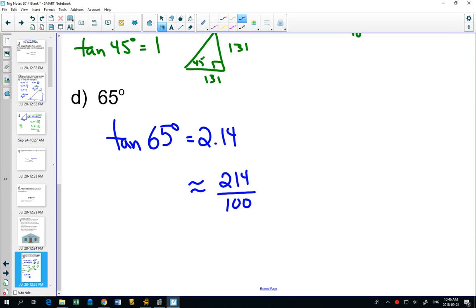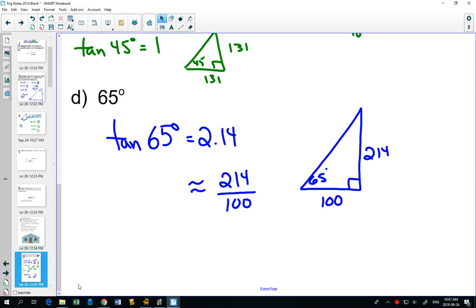You're in hundredths, so that's 214 over 100. We could draw 65. And this means that the opposite side is 214 and the adjacent side is 100.